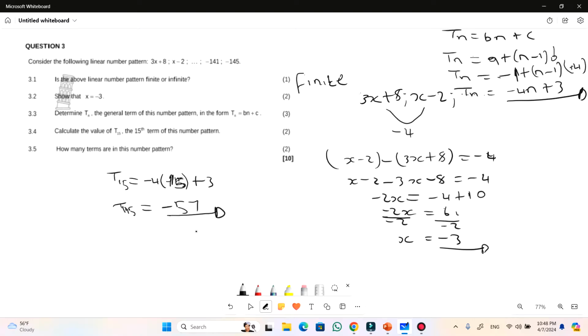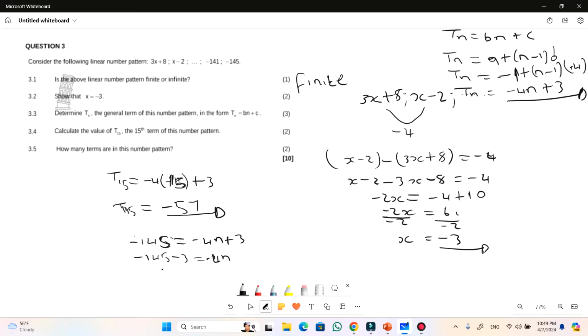We substitute in the place of Tn, we put negative 145, and we are looking for n. It's negative 4n. Remember, the value of n cannot be negative, and the value of n cannot be a decimal number, right? So just take negative 145 minus 3 is equal to negative 4n.